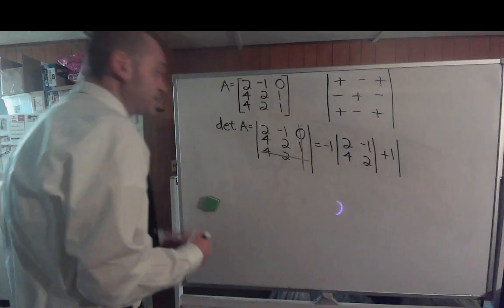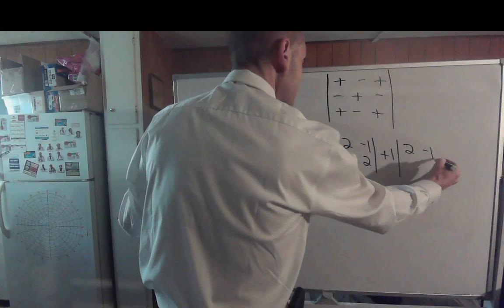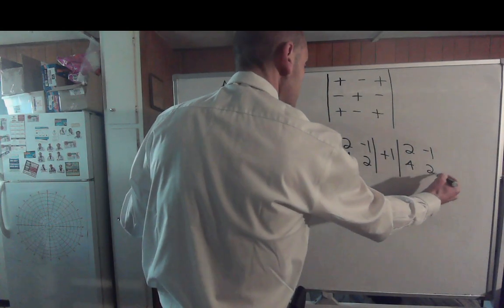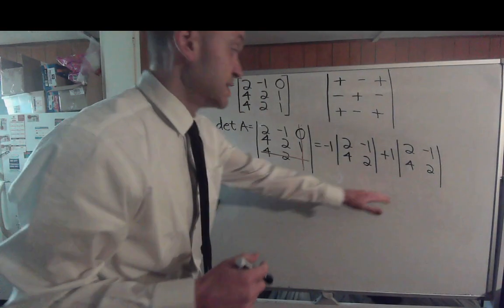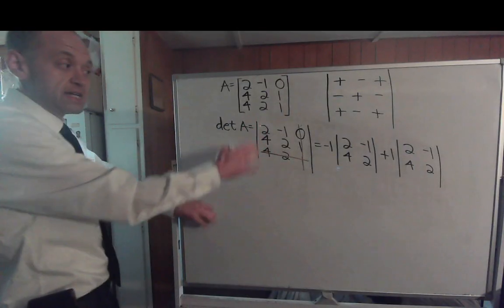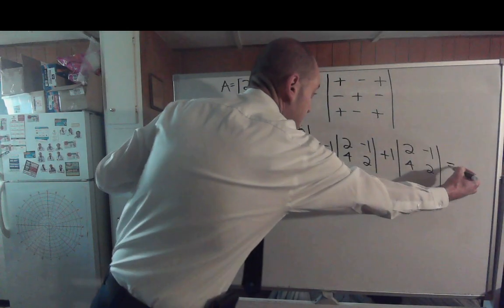So that's going to be the determinant of 2, -1, 4, 2. Now I only have to deal with 2 by 2 determinants as opposed to 3 of them had I gone down any other row or column. So let's go ahead and do this here.